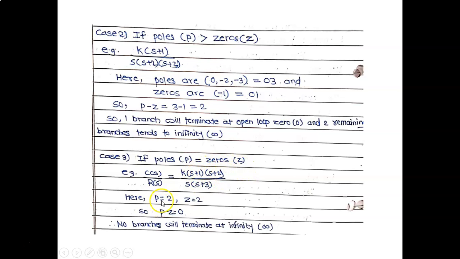Therefore here P is equal to 2, Z is equal to 2, therefore P minus Z is equal to 0, that is 2 minus 2 is equal to 0. Therefore the number of branches that will terminate at infinity is zero, that is no branches will terminate at infinity.